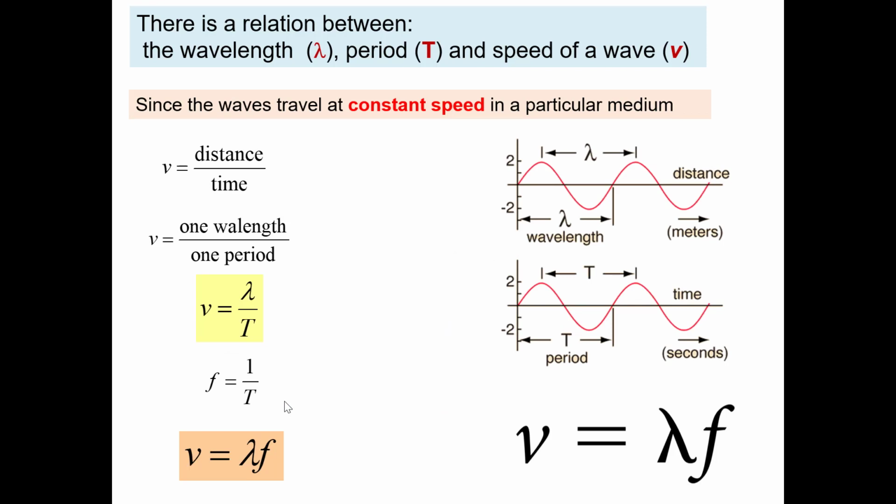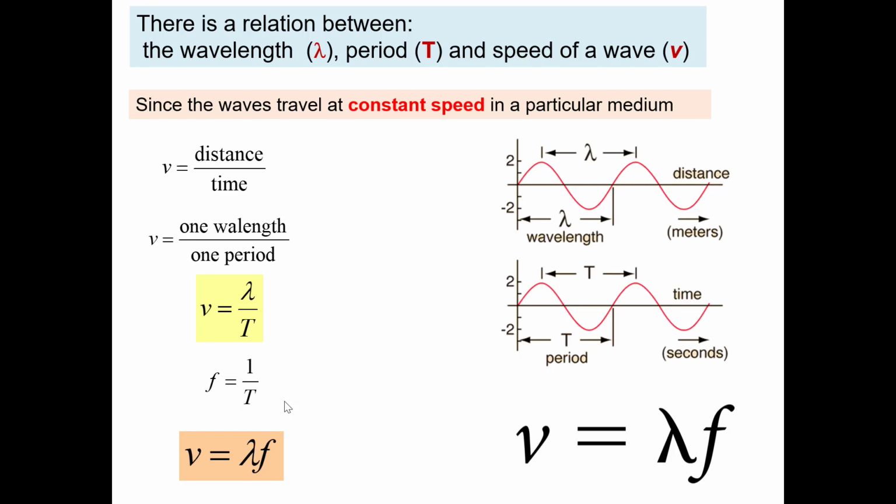Now we want to get the relation that correlates the wavelength, which is a distance, the period, and the speed of the wave. One important thing I want you to remember: any wave travels at constant speed in one particular medium.